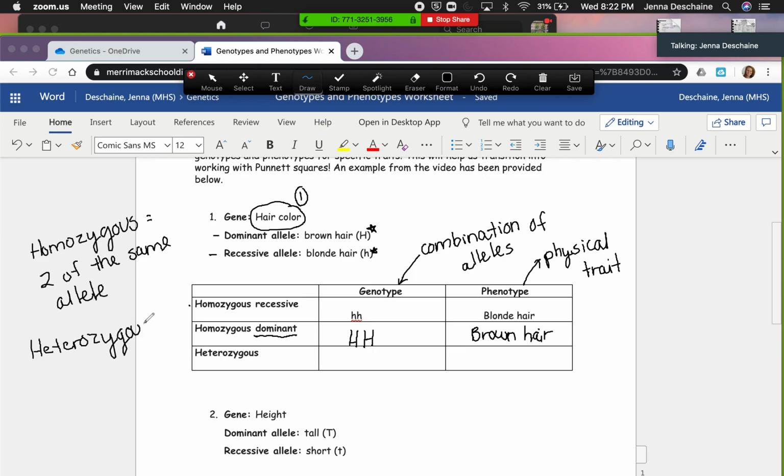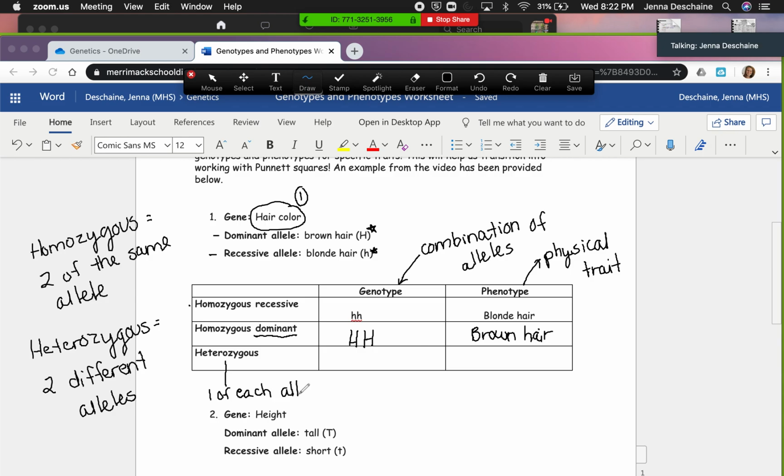Heterozygous is two different alleles. So in this case, I'm not going to put heterozygous dominant or heterozygous recessive because it's implied that I already have one of each. So I'm going to even write down here one of each allele.